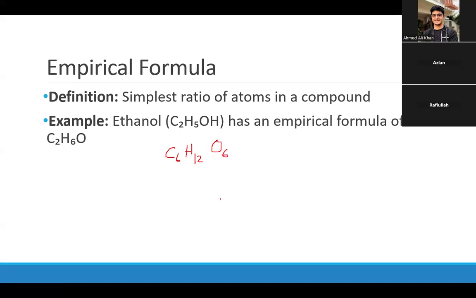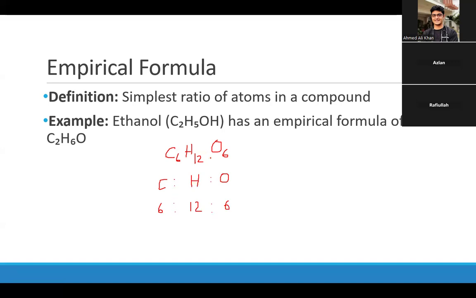C6H12O6. The number of carbon atoms in this molecule of glucose is 6, the number of hydrogen atoms is 12, and the number of oxygen atoms is 6 again. This is the ratio of the atoms.